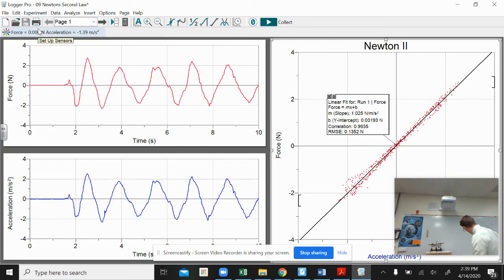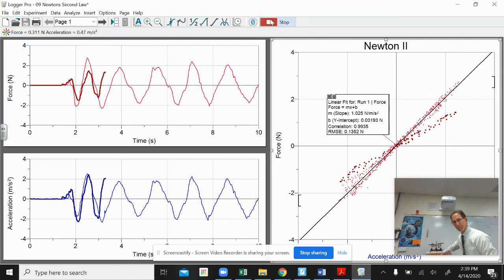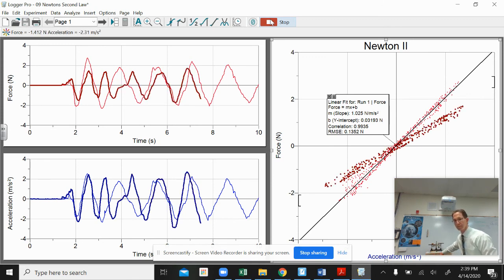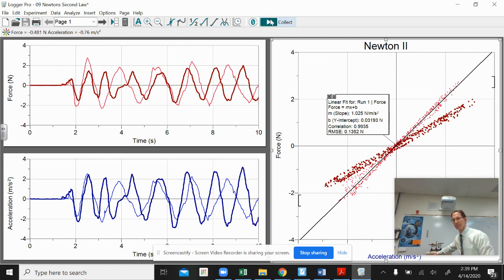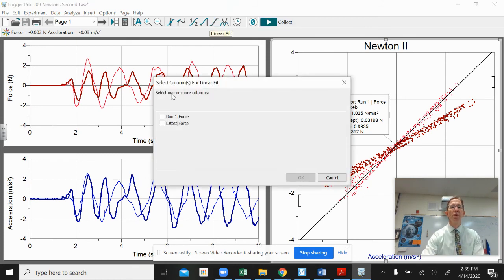I'll repeat it again without the extra mass. Put in the line of best fit from the latest run.